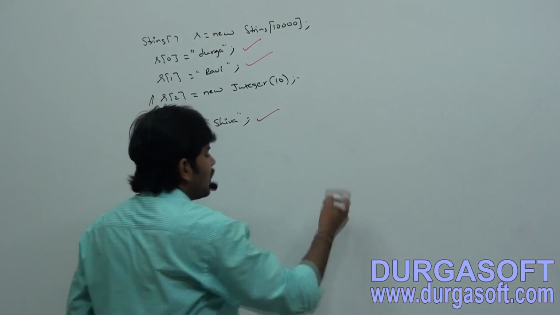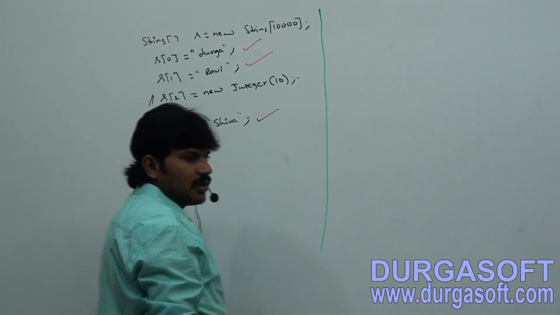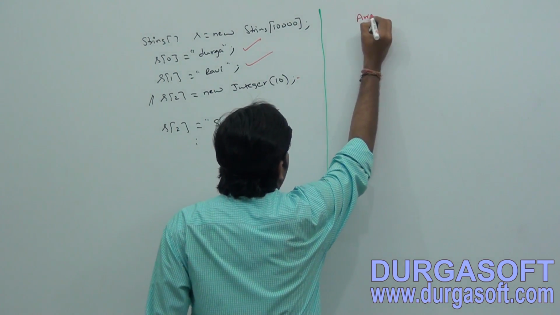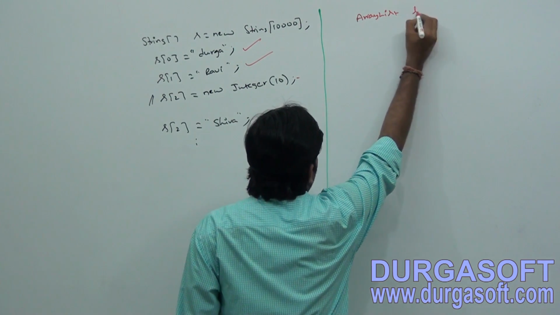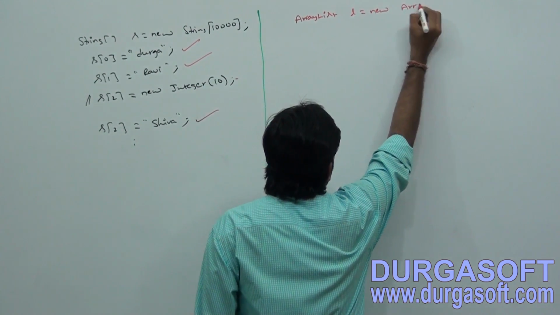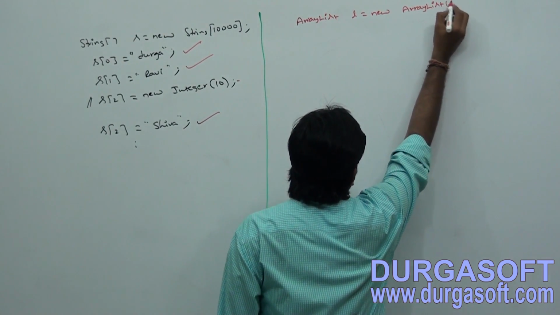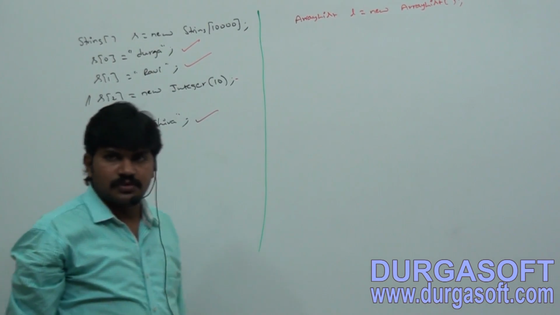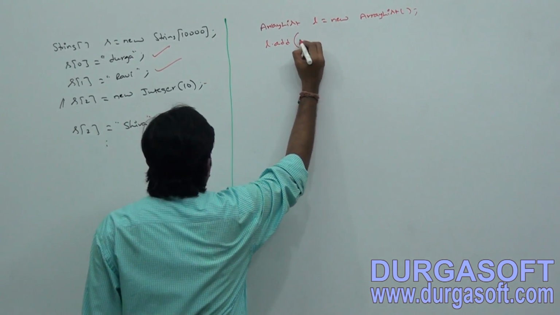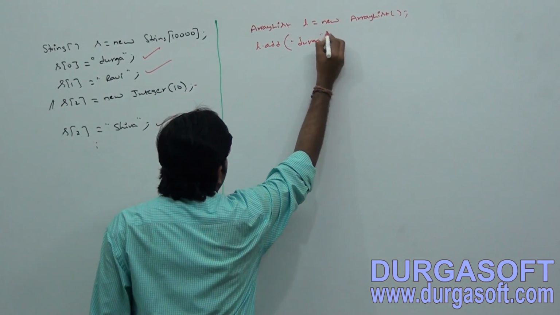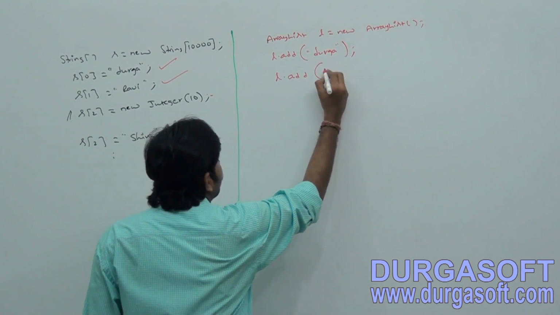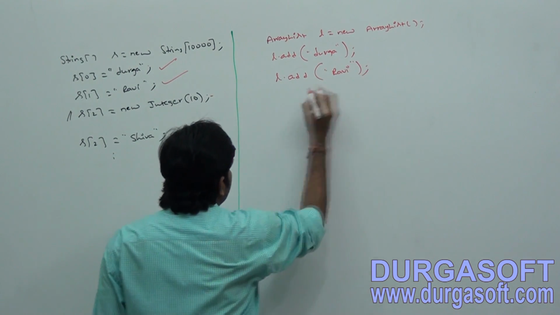Here I am taking ArrayList l = new ArrayList(). Now l.add("Durga"), is it valid or not? Valid. l.add("Ravi"), valid or not?